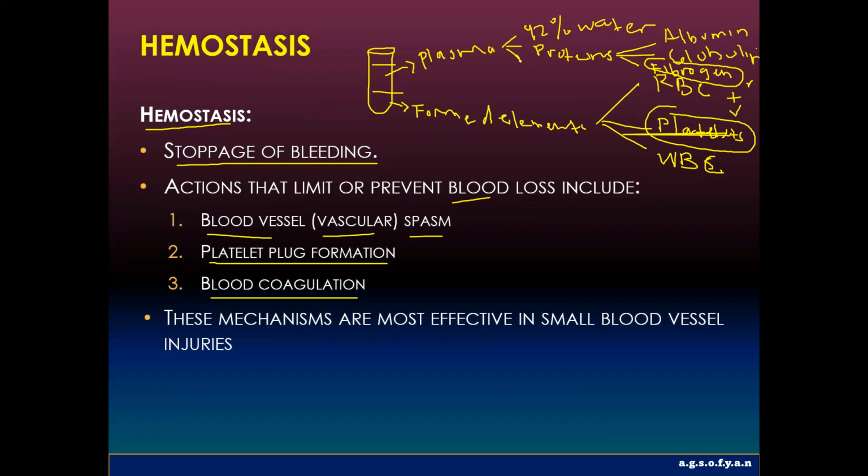And there is another component in the plasma that is needed for blood coagulation, the electrolyte, which the main one is calcium. So we need calcium for stopping the blood.